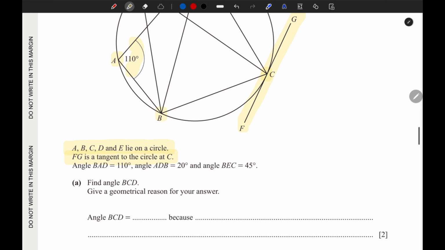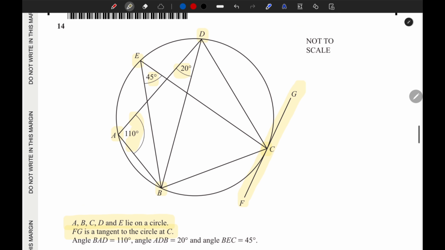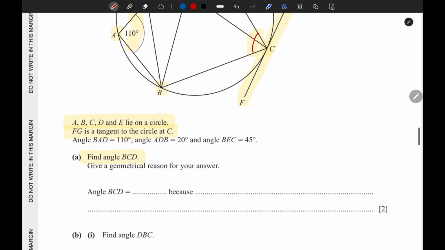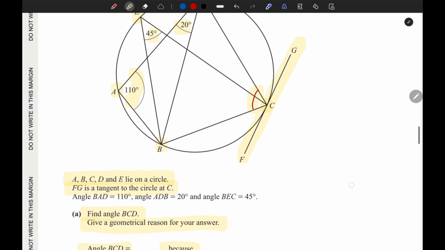Okay. Now find angle BCD. Find angle BCD, that means BCD, that means you have to find this angle. Okay, sorry for this, you have to find this angle BCD. Okay, give a geometrical reason for your answer. Angle BCD, and because you have to write the reason also.